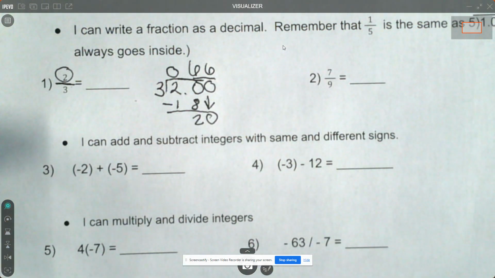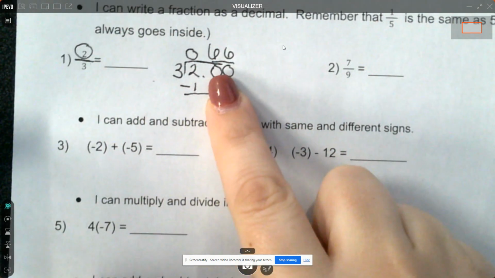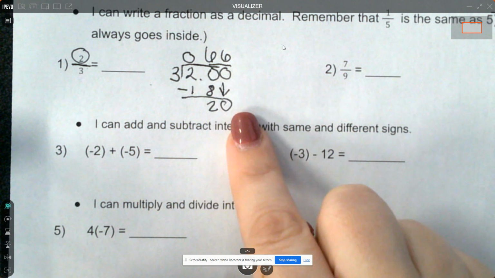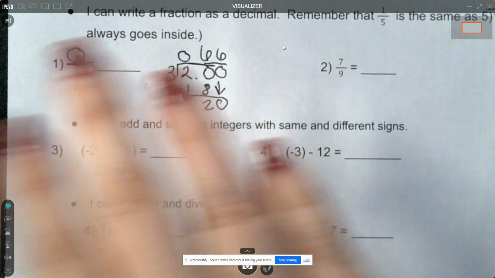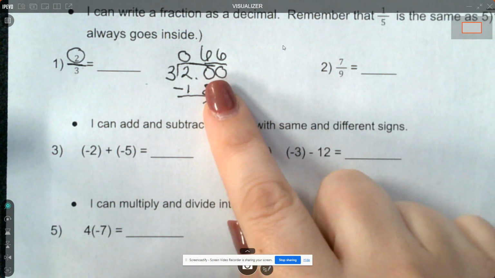So you have what's called terminating decimals where they stop, and then you have repeating decimals where they just keep repeating the same numbers over and over. So this is called a repeating decimal, meaning if I was to keep going, I would just keep getting 6, 6, 6, 6, like all the way down. So I don't want to keep doing that for the entire class.